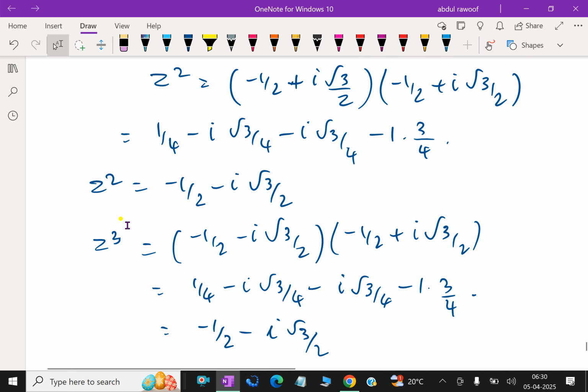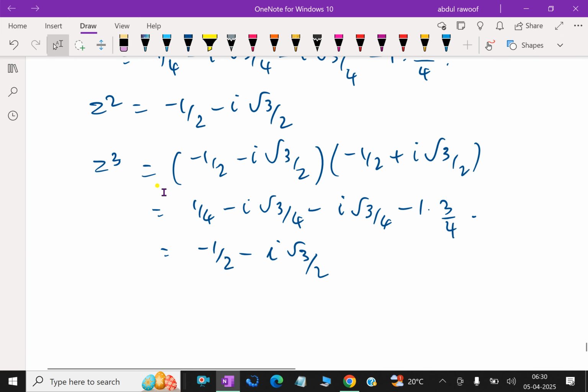Check here: we got z square as minus half minus I root 3 by 2. Then z cube equals minus half minus I root 3 by 2 into minus half plus I root 3 by 2.